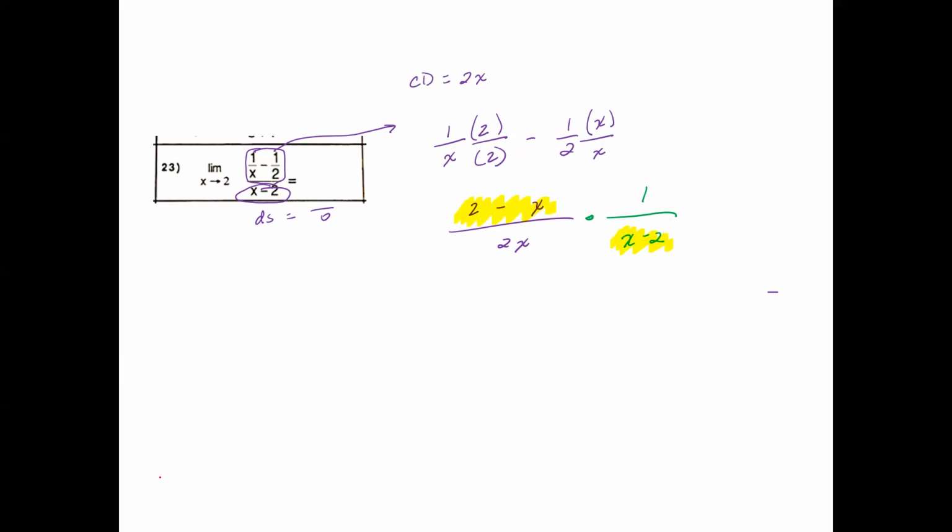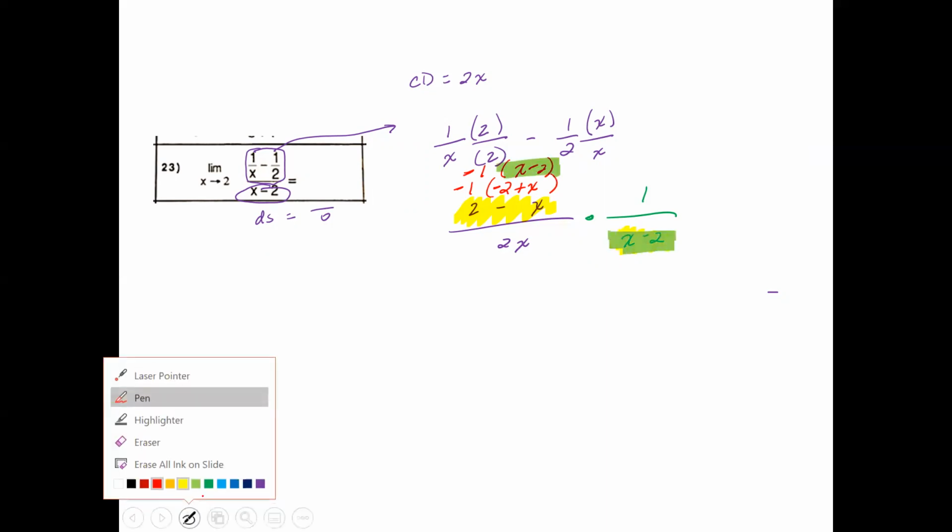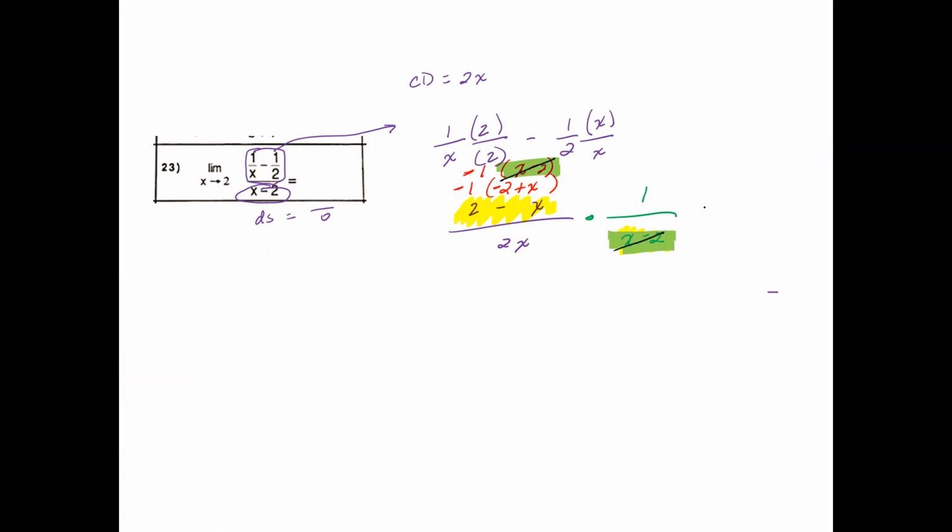However, if I factor out a -1 from the numerator here, I will get -2 plus x, which, if I use the commutative property, is the same thing as -1 times x minus 2. So I can now go ahead and cancel these 2 terms. And then I'm left with a -1, so don't forget the -1 on top, over 2x.